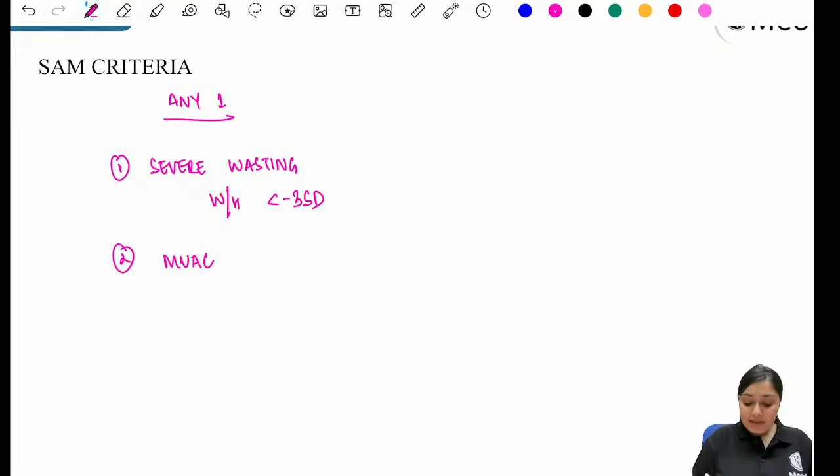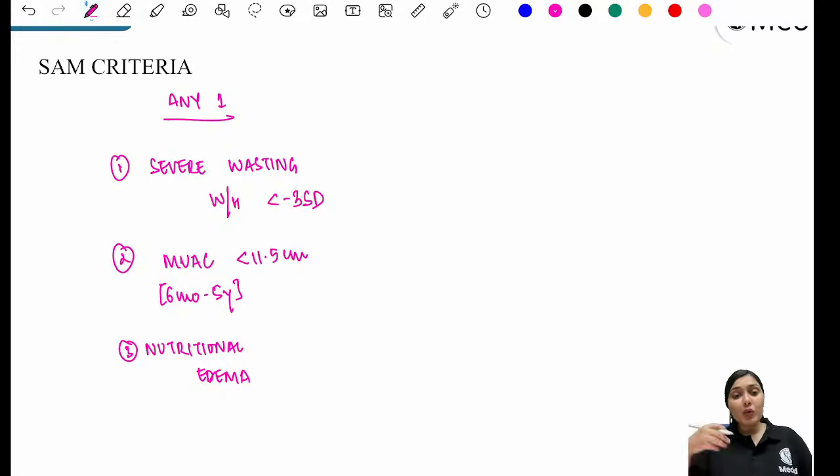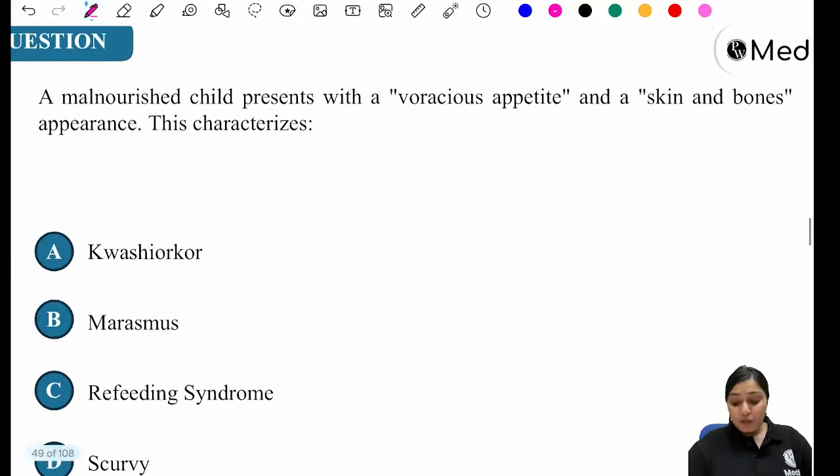This MUAC is used for 6 months to 5 years of age. If MUAC is less than 11.5 centimeter, this child is SAM. And third is nutritional edema. That means edema that has a nutritional cause. You have eliminated all other causes. This is nutritional edema. So any one out of these, I will call this child a SAM child. Right? Let's move to the next question.